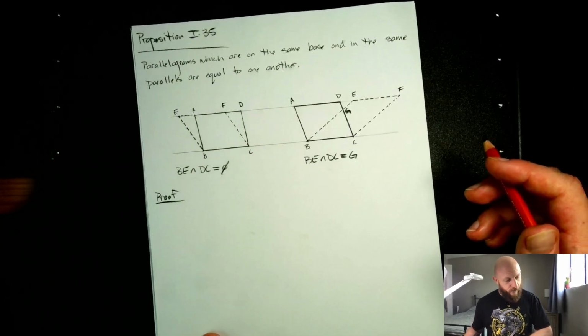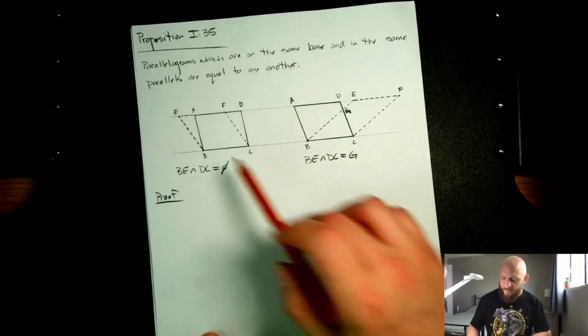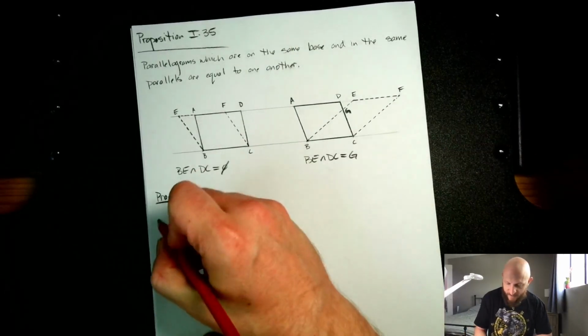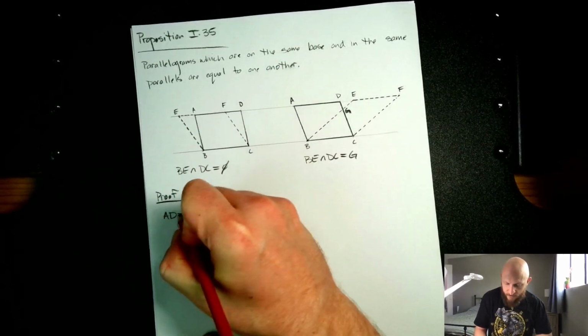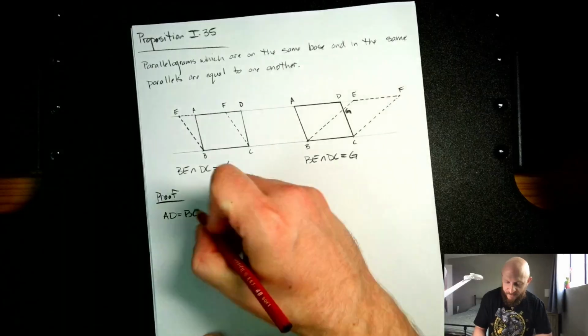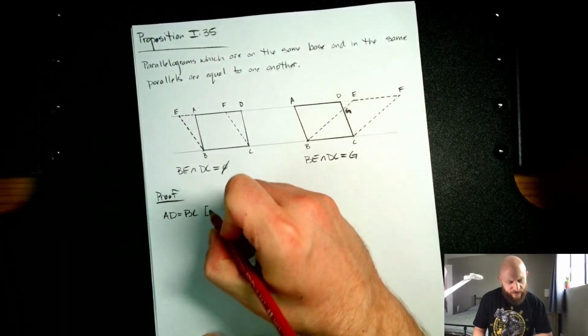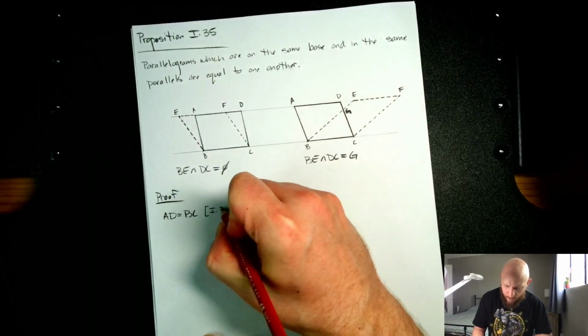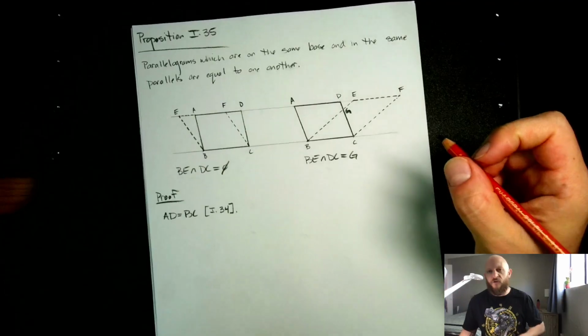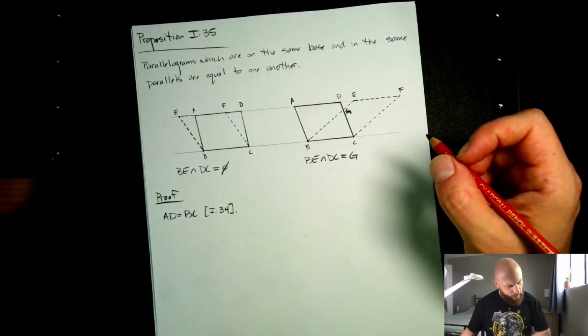Okay, so how do we do this? Well, since ABCD is a parallelogram, we know that AD is equal to BC. We had a proposition that told us that. It was proposition 34. It said that opposite sides of a parallelogram are equal to one another.